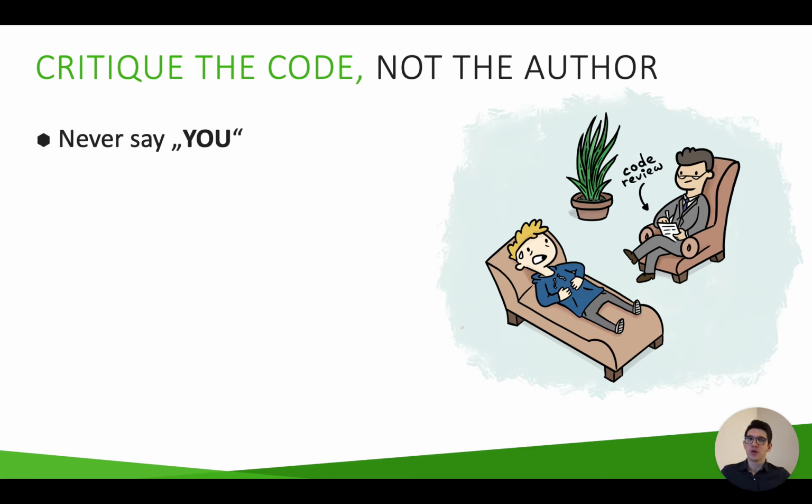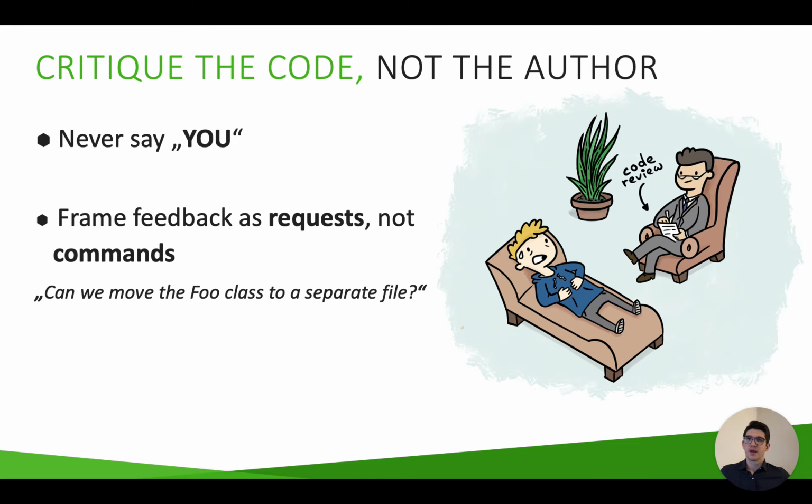Never say "you." If you say "you," it can sound like a command. Try to avoid that. Frame your feedback as requests and not commands. For instance, you can replace "you" with "we" and add "can." So instead of "Move the full class to a separate file," it becomes "Can we move the full class to a separate file?" It's way softer and nicer.